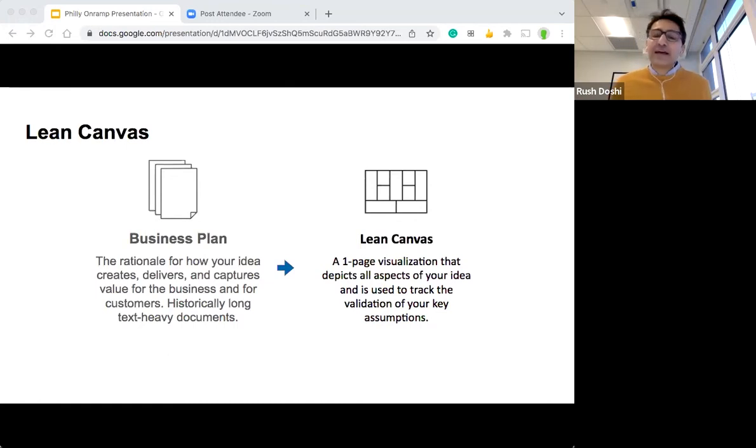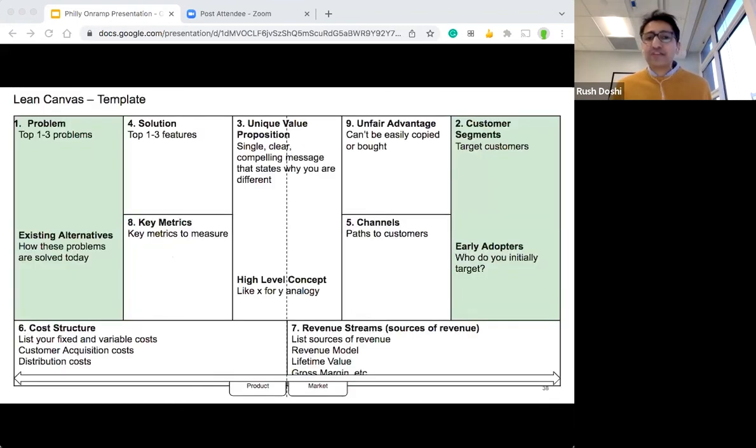And what the lean canvas does is take a lot of that and condense it into this one pager. The best thing about this is that it simplifies it to the core essence of your idea. So this is the lean canvas, and it's just broken up into boxes, right?